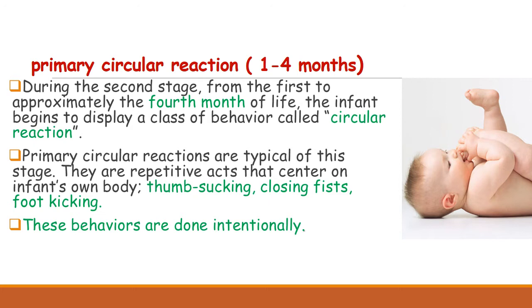But at the end of this stage, the child learns to understand that objects not in sight doesn't mean they are out of the world, or that these things have disappeared. This is the process of object permanence that develops at the end of this stage.